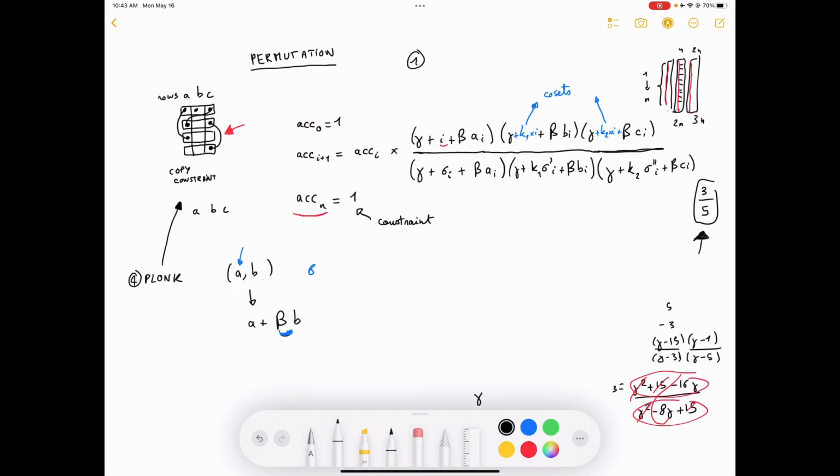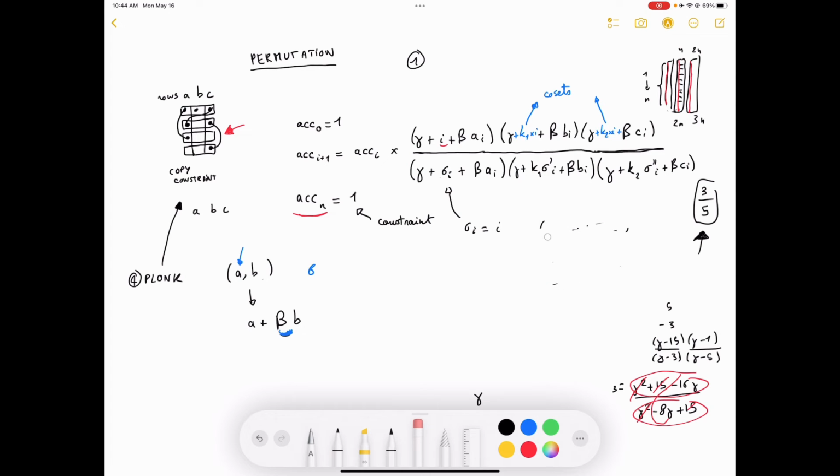Okay, so also remember that this sigma I equals I if there is no permutation, right? So for example, if 3 is wired to itself, A3, then the denominator will look like 3 plus beta A3, and they will cancel one another, if there is no wiring.